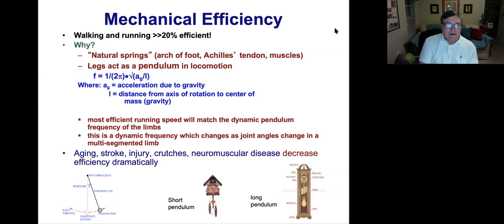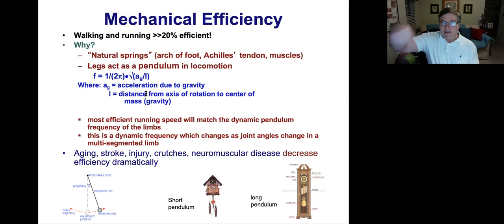So that's important. So why? Well, again, to reemphasize two major mechanisms: these natural springs that we just talked about, that store spring or potential energy and turn some of it into kinetic energy once we start to move. And then the legs can also act like a pendulum. So as a reminder, the frequency is 1 divided by 2 pi, that's a constant, not exciting, and then you would multiply by the acceleration due to gravity, also a constant, and then divide by the distance between the axis of rotation of the pendulum and the center of mass.